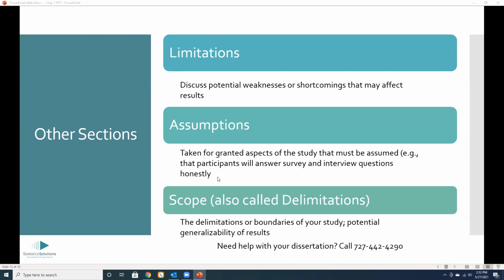So the idea of generalizability is how well your results will generalize to the larger population, how well it will generalize to other elementary school teachers. That depends on things like your sampling. Like if you do random sampling, that helps increase your generalizability.